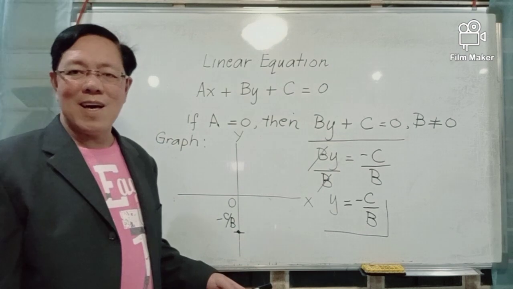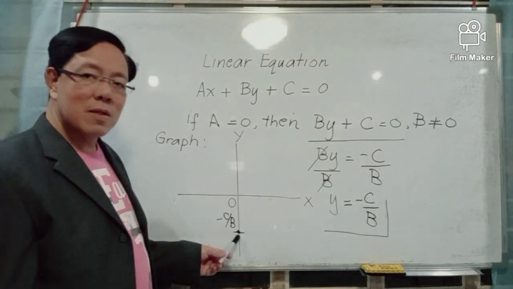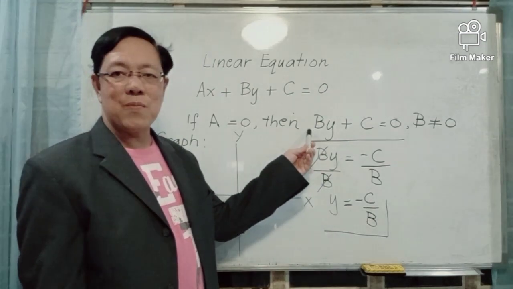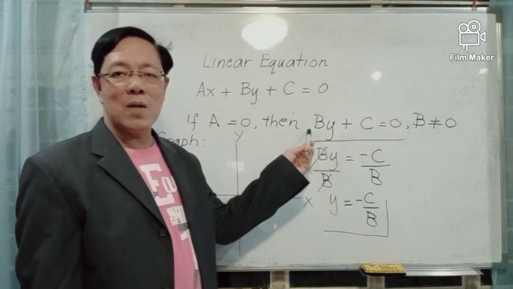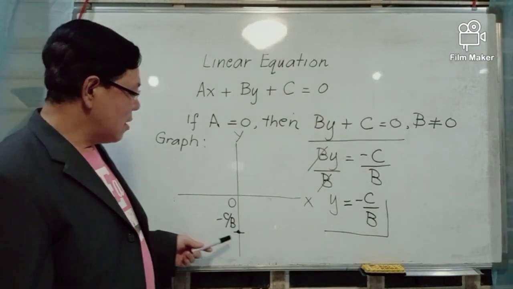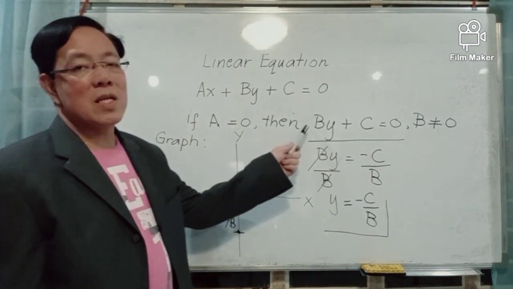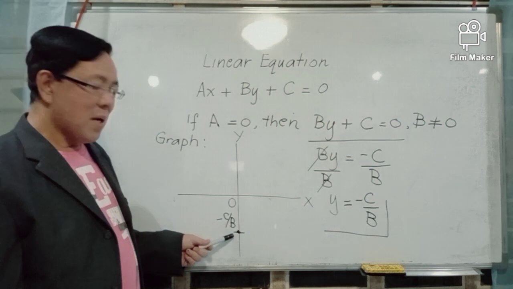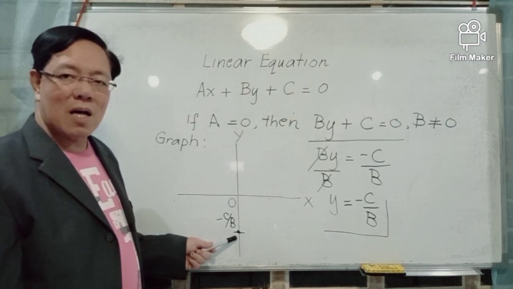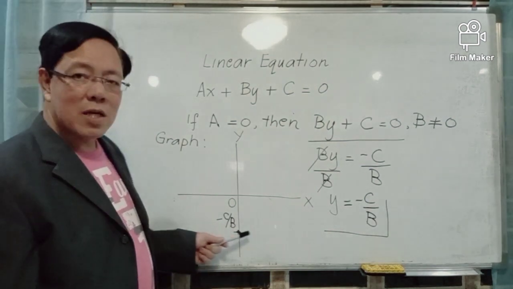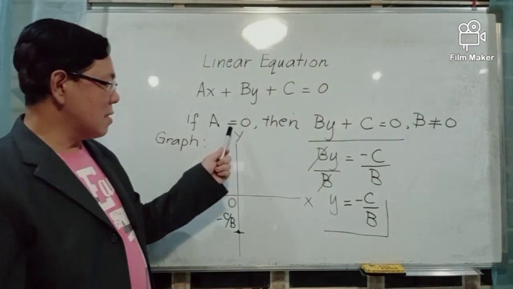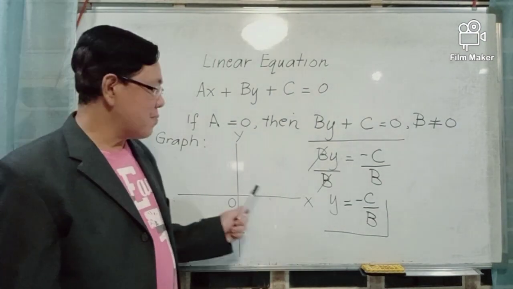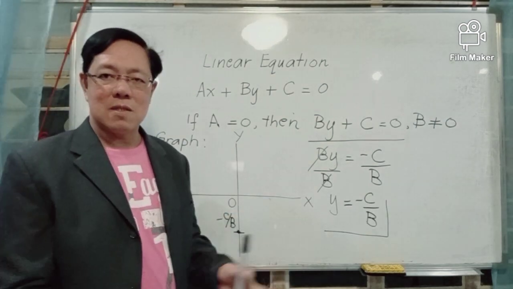And the horizontal line will pass through this point, or the value of y, which is the solution of this linear equation in one variable. The horizontal line is perpendicular to the y-axis, and the horizontal line is parallel with the x-axis.